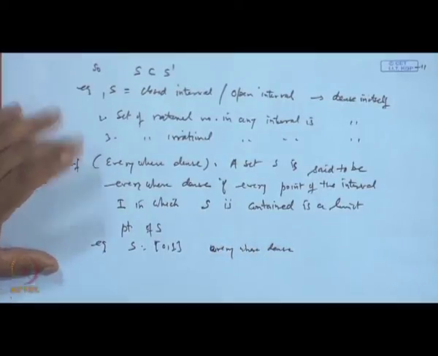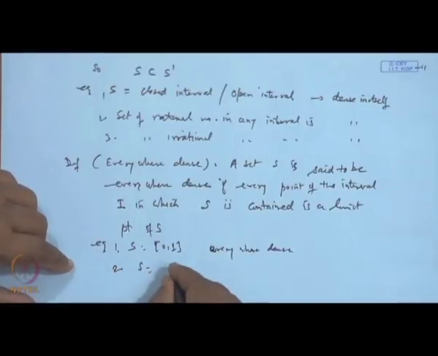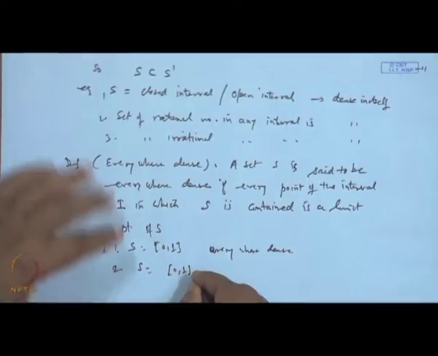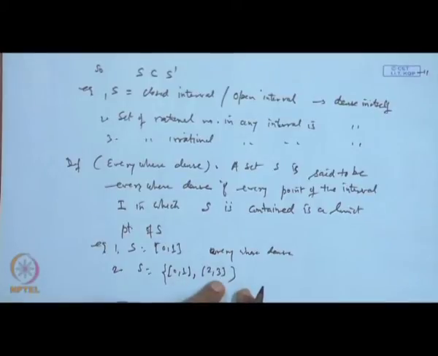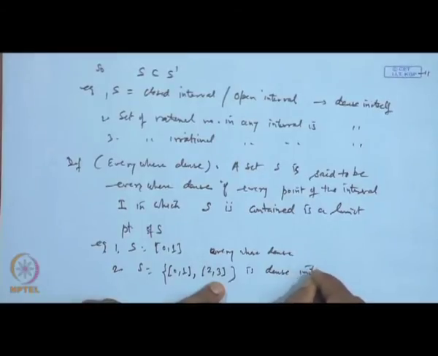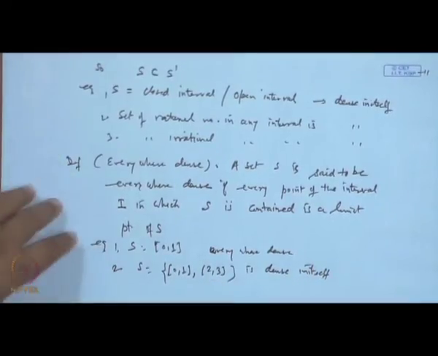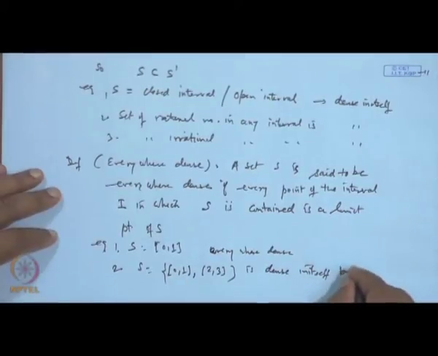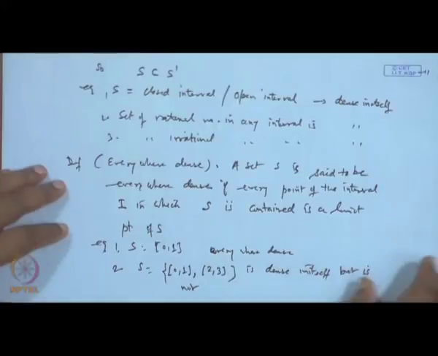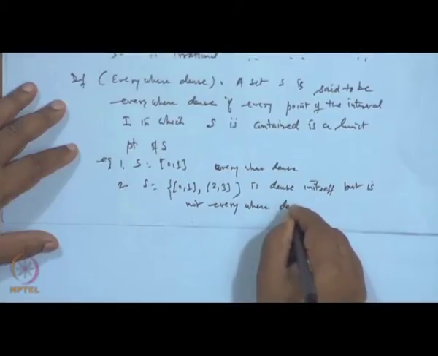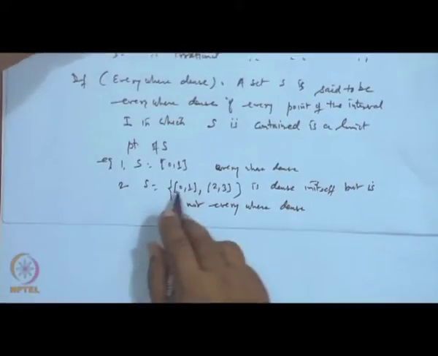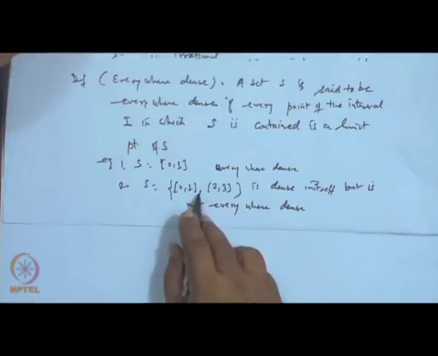But if we take the set S as the union of the intervals 0 1 and 2 3, then this is dense in itself, because every point of it is a limit point, but it is not everywhere dense. Why? Because the interval 0 3 contains points between 1 and 2 which are not in S. So, it is not everywhere dense.